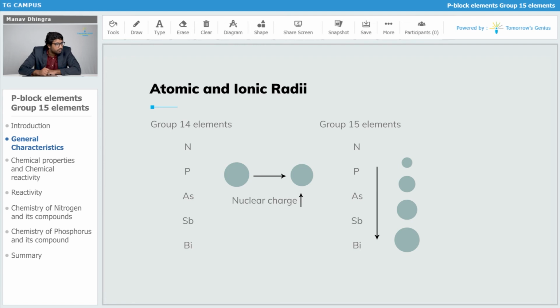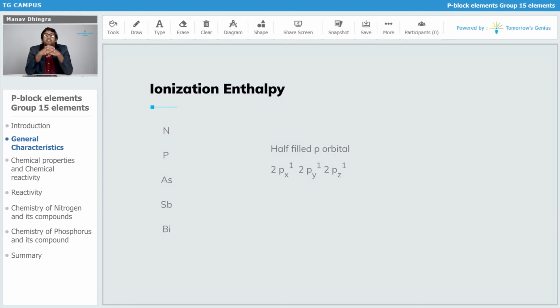Moving further, next our trend is of ionization energy. I've already told you that the ionization energy of group 15 will be higher than that of group 14 and group 16 because of its half-filled electronic configuration. Now, if I ask you what is the order of ionization energy for group 14, group 15 and group 16, think about it.